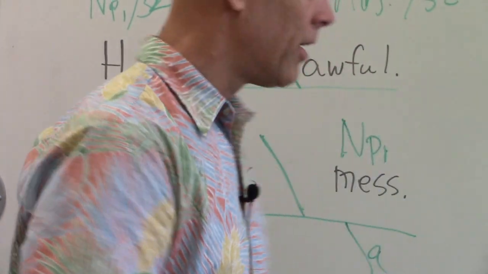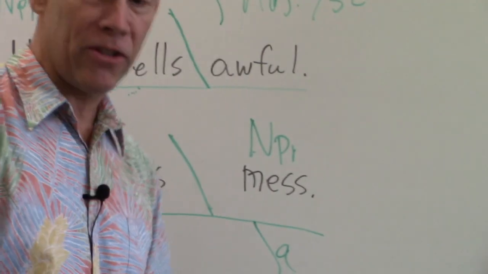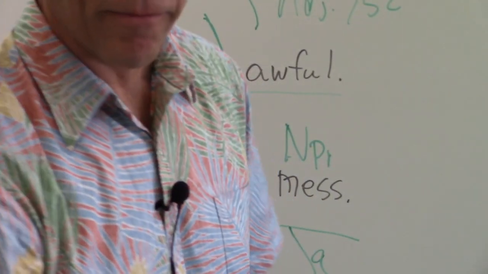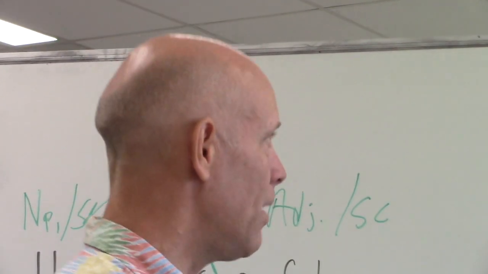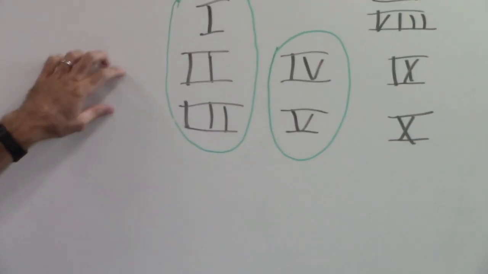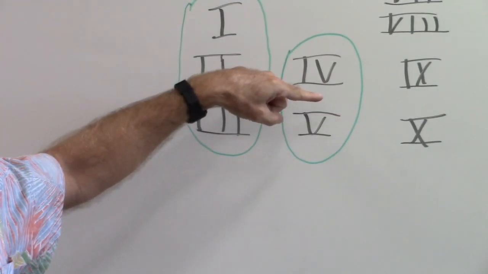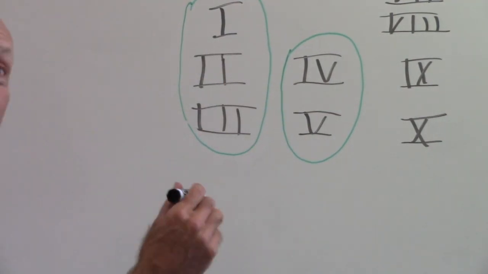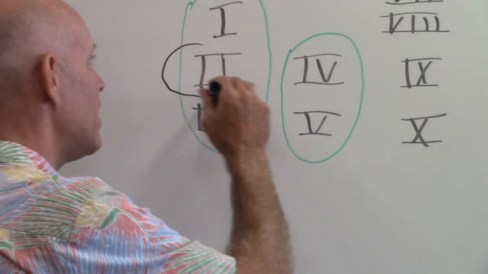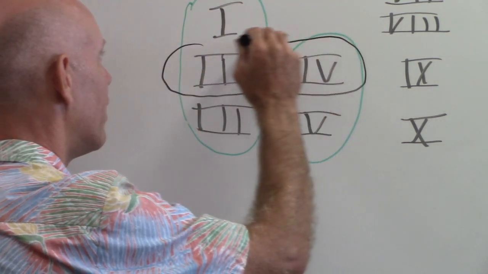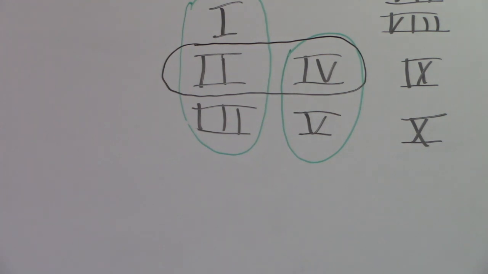Now, this is going to blow everybody away, including you. Are you ready for this? Remember how we asked you to write your patterns in that particular way up there? Okay, well, look, we know why these are all together, right? Because they're all be verbs. And we know why these two are together, right? They're all linking verbs. Okay, well, look what else happens. Why are these two in a row? I don't know.